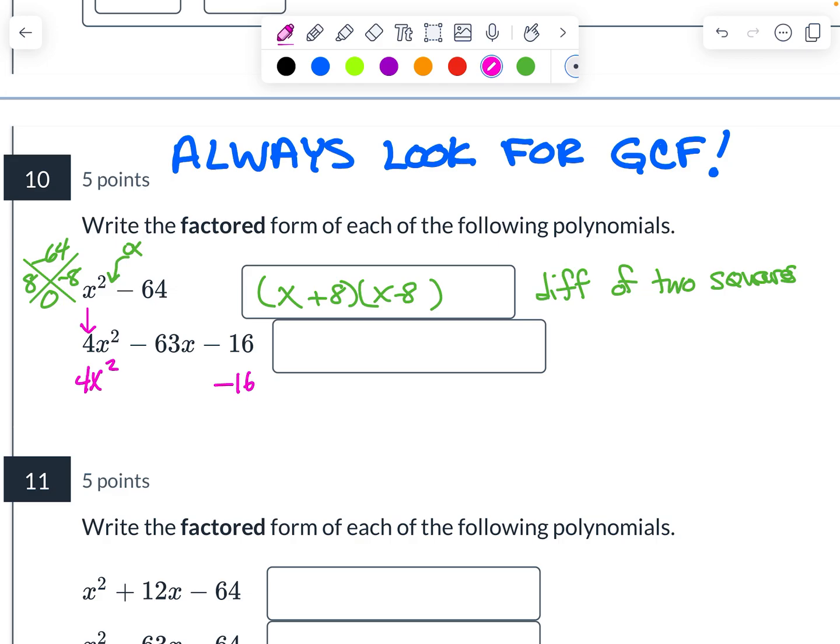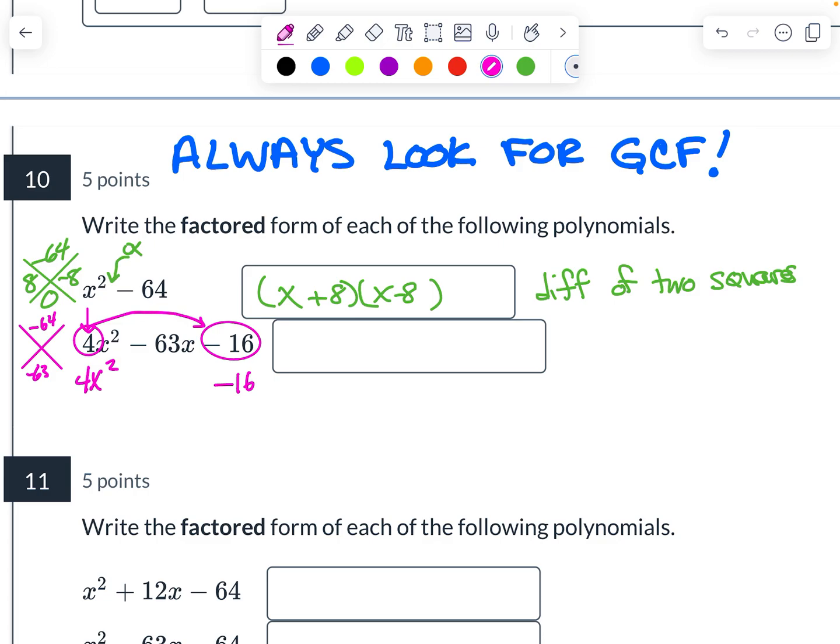And I'm going to say to myself, what are the factors of negative 64 that add to negative 63? And some of you are like, where did you get negative 64 from? If you take 4 and you multiply it by negative 16, you get negative 64.